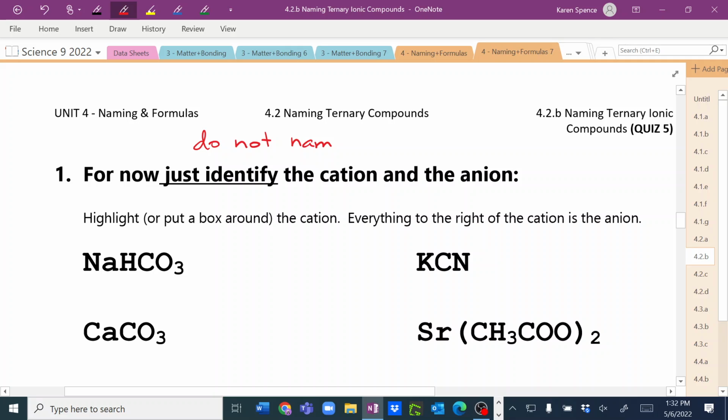Na is the cation, and all the rest of it is the anion. The answers are in your answer key. If you don't have an answer key, let me know and I will bring you one. And once you have finished that, you can also do pages 41 and 42.